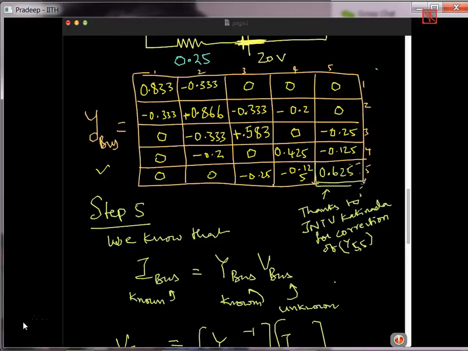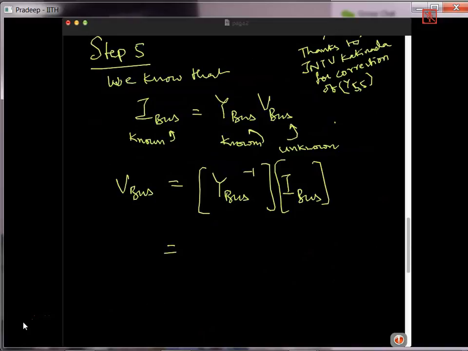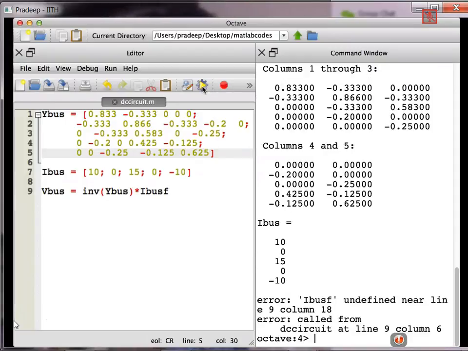Okay, so let me go back to my code. So rest everything is same. So let me go back to my code and then I'll edit that there. So what I will do now? I'll simply go to the matrix here. I'll say 0.625 and then I save this file and again execute the file. Then I get the final V bus.